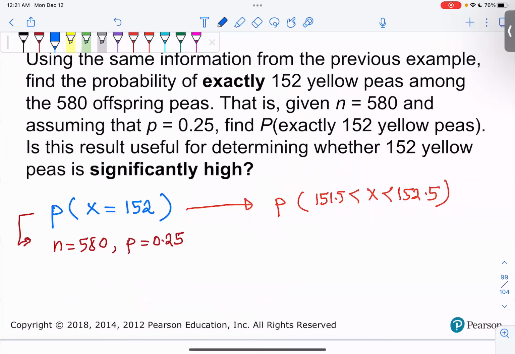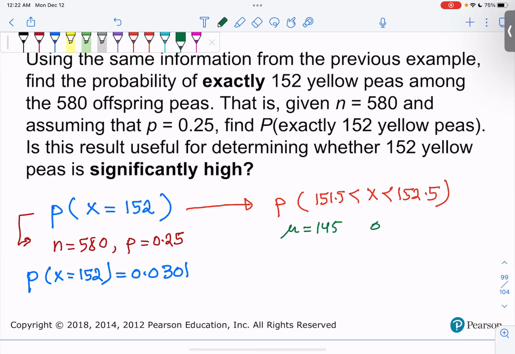Okay, so this is using the binomial distribution, exactly. So this one, the probability of x equal 152 will be 0.0301. Here, when we want to use the normal distribution, we need mu, which is equal to 145, and we need sigma, which is equal to 10.4283.